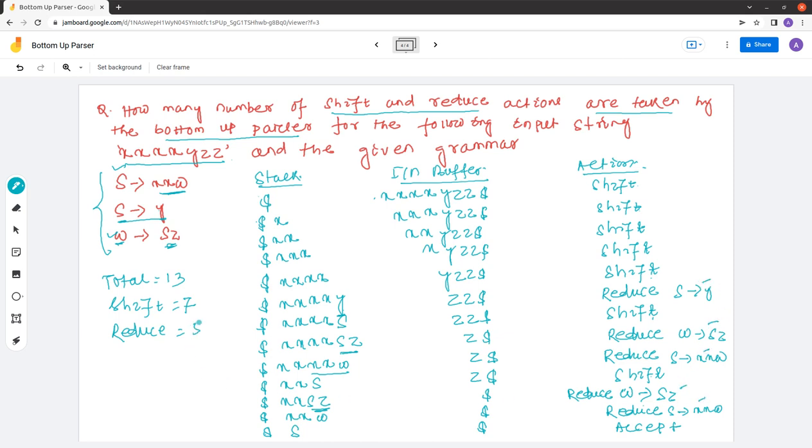And the accept action is 1. So in this way we can do bottom-up parsing and also count the shift and reduce actions. In the next class we will discuss shift-reduce and reduce-reduce conflicts using the bottom-up parser. Okay, thanks for watching.